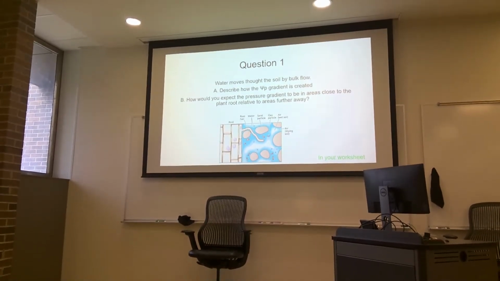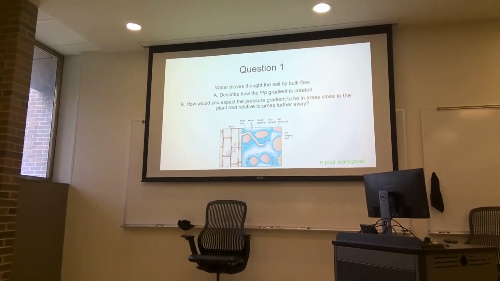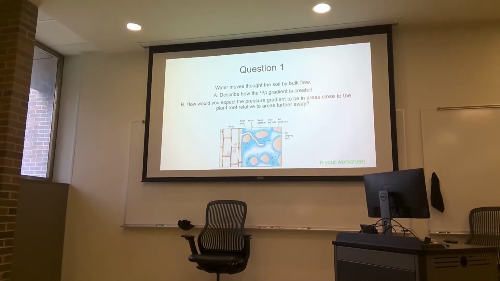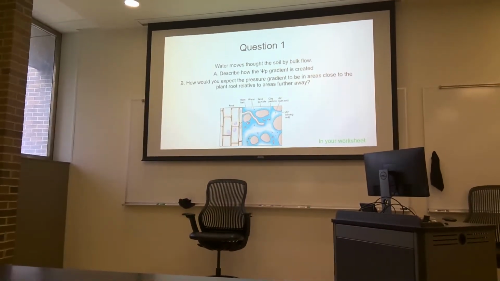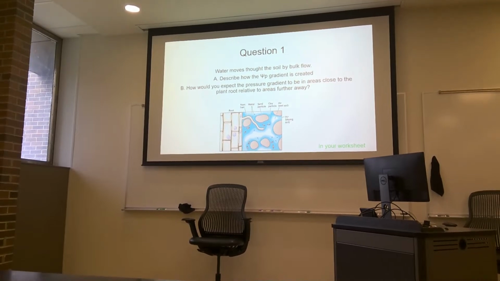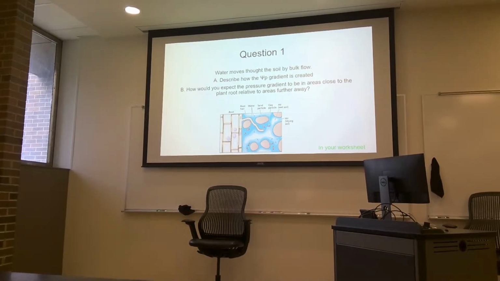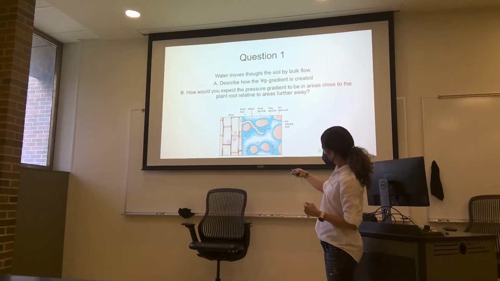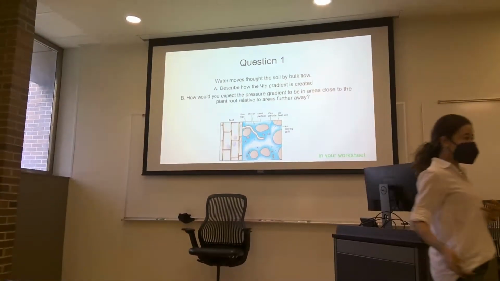So I want you to briefly talk in your groups and get an idea, again, practice for the first exam. What drives movement of water through the soil? How is this pressure gradient created? And how do you expect the pressure potential to be in areas close to the root that is absorbing the water versus soil that is far away from the root?